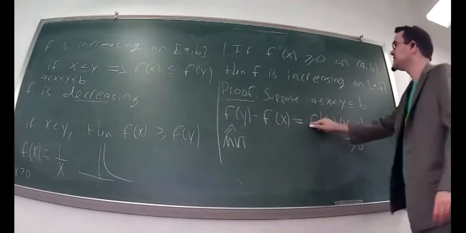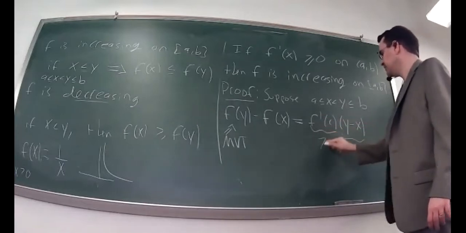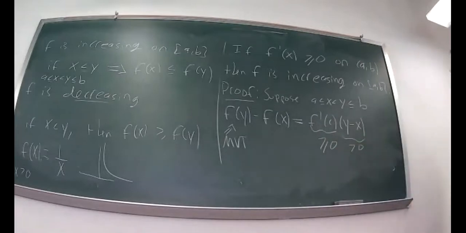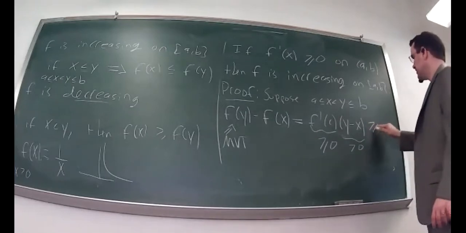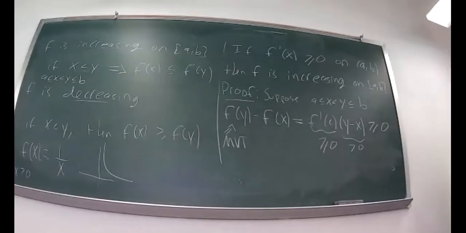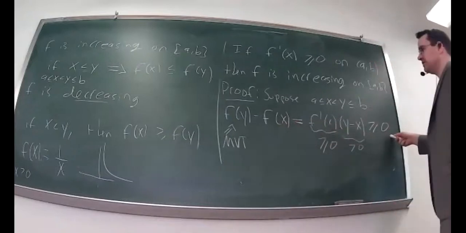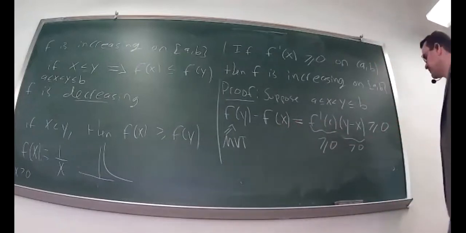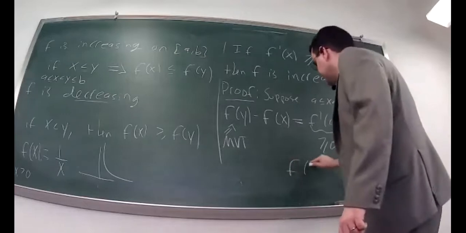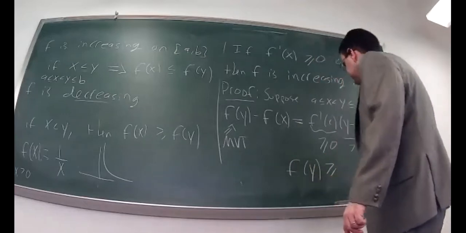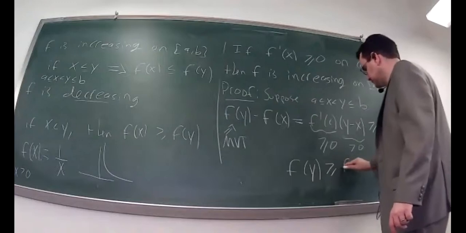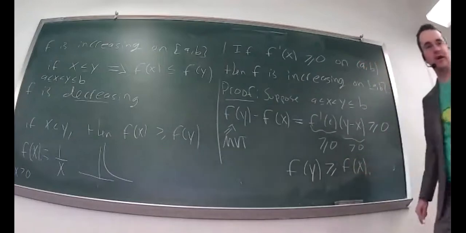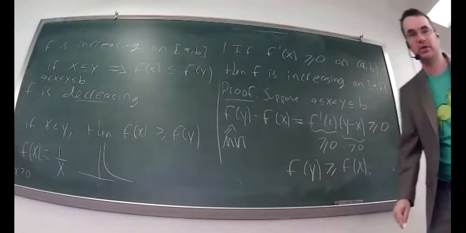And second of all, by assumption, the derivative was bigger than or equal to 0. So when you're multiplying two things together, one of them's definitely bigger than 0, the other one's bigger than or equal to 0, the result is still going to be bigger than or equal to 0. So you just bring this out to the other side. So f of y minus f of x is bigger than or equal to 0, and therefore f of y is bigger than or equal to f of x, which is the conclusion that we wanted to make.